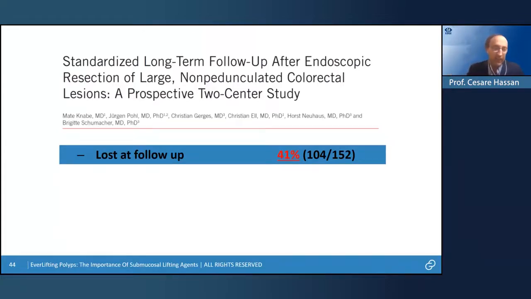This is a very famous German experience showing that 40% of patients were lost at follow-up. Of course, they probably go to other centers for the surveillance, but anyway, there is some disruption in the standardized process to identify and to treat recurrence.